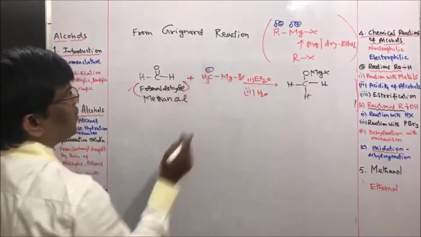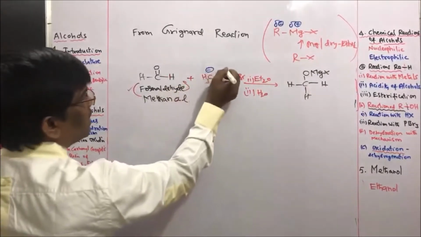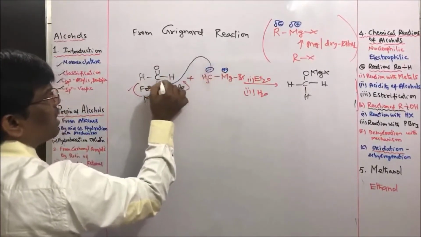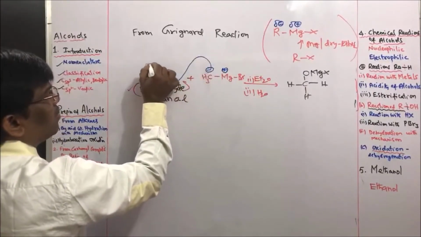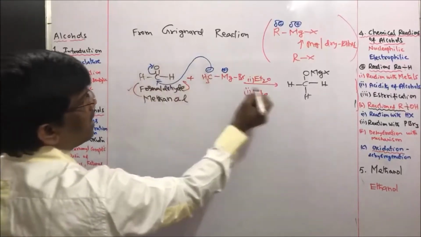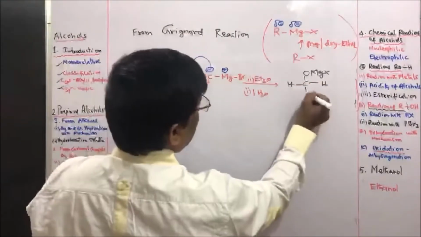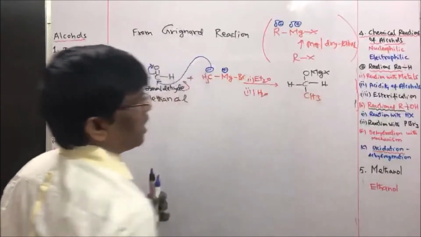Just now I said this carbon is negatively charged and this is positively charged, right? So it comes here and this goes here. O minus is going to attach to magnesium halide and the methyl group is going to come here.